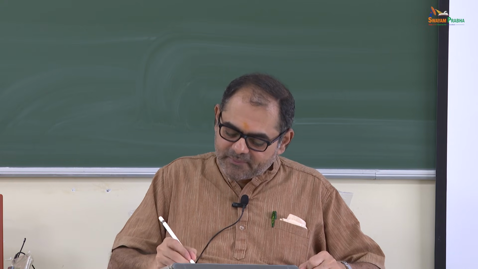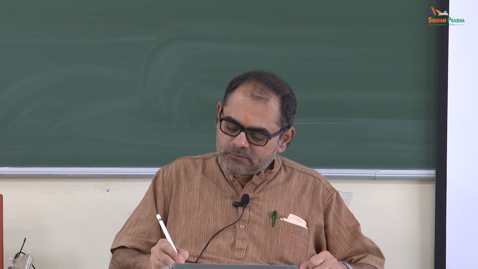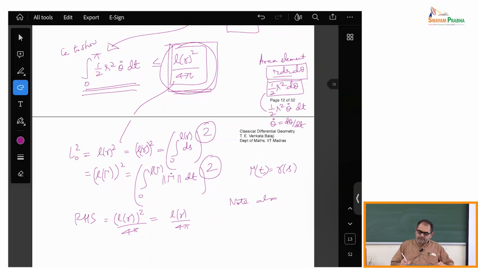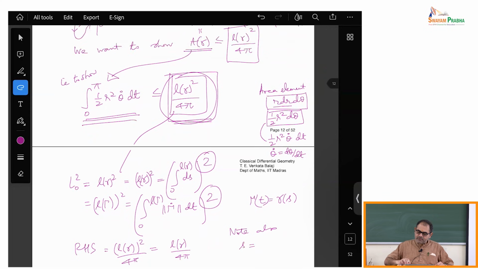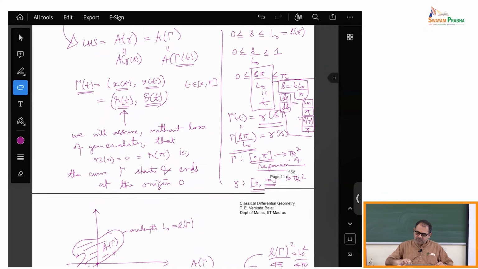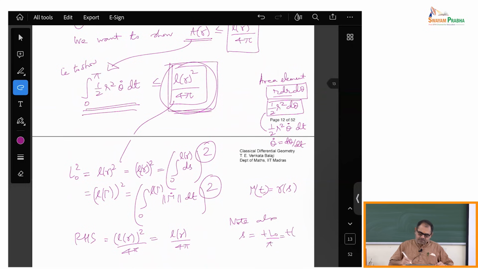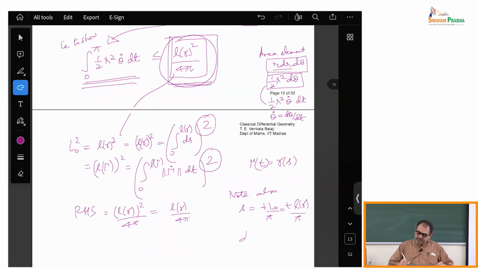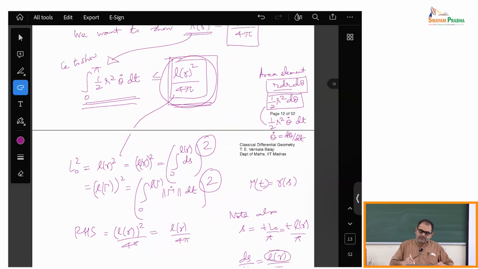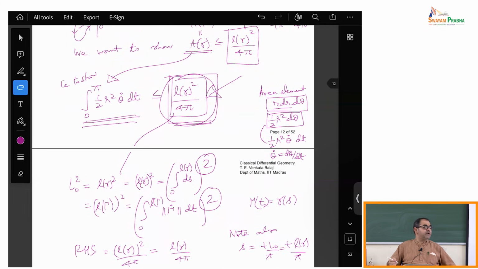Note also that S is equal to T L naught by pi, which is T times L gamma by pi, and then ds by dt is therefore L gamma by pi. So this right side can be completely made into a derivative.